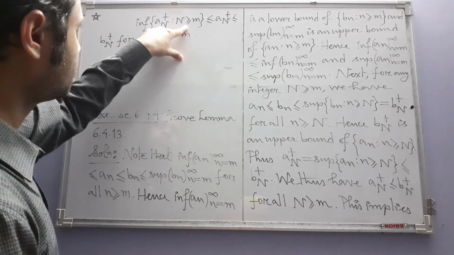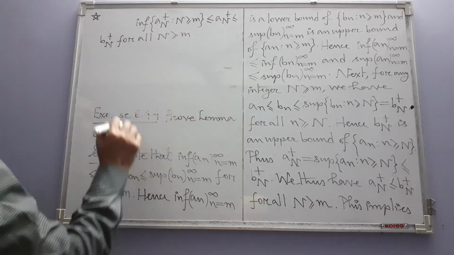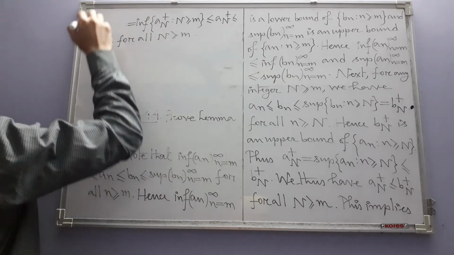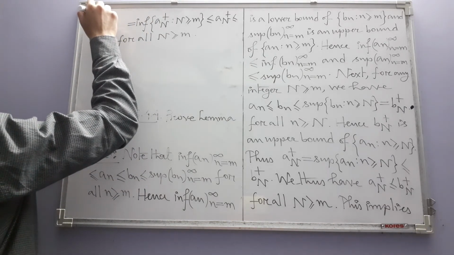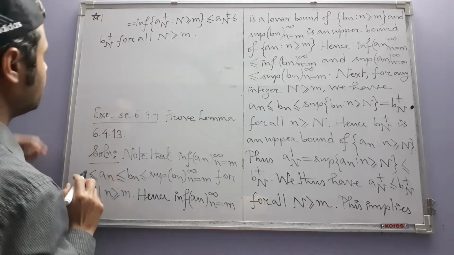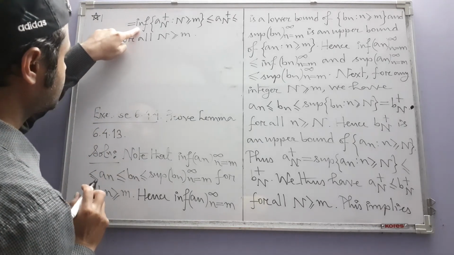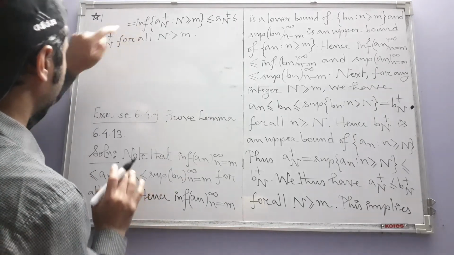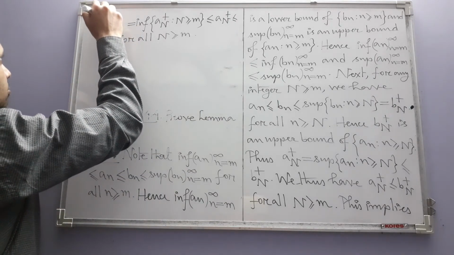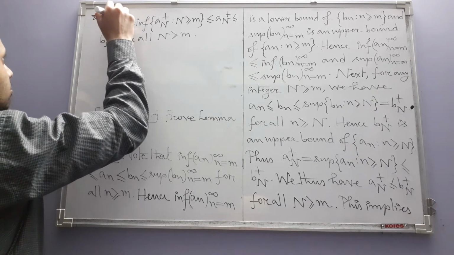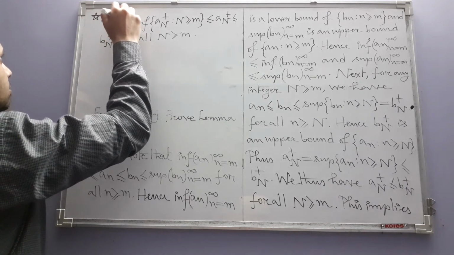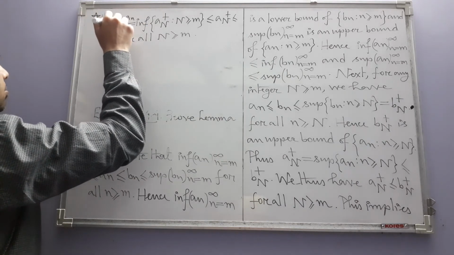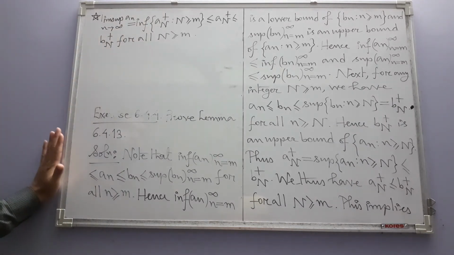This, however, is nothing but, I don't have space for writing this now. Let me write as tightly as possible. This is nothing but the limit superior of the sequence a_n. It is the upper limit of the sequence a_n.